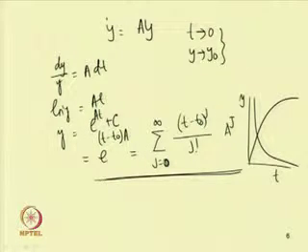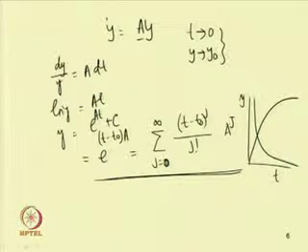So, to get a stable solution, the real part of the eigenvalue of A should be negative. Now we obtain the solution y equal to e to the power (t minus t0) A, which is equal to the sum from j equal to 0 to infinity of (t minus t0) to the power j by j factorial, times A to the power j.